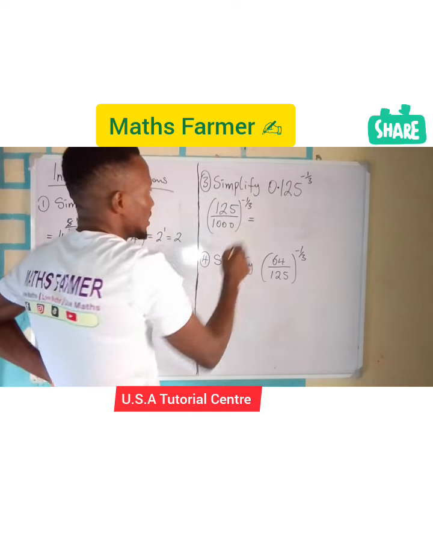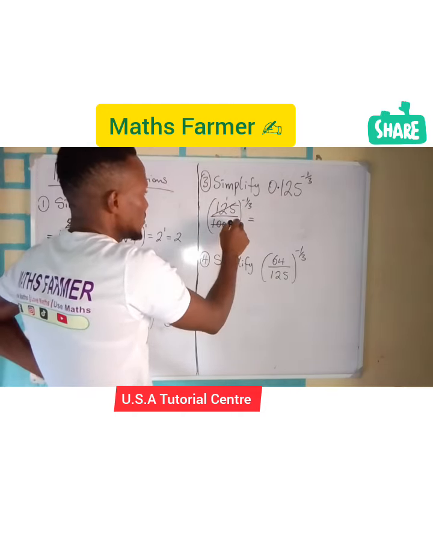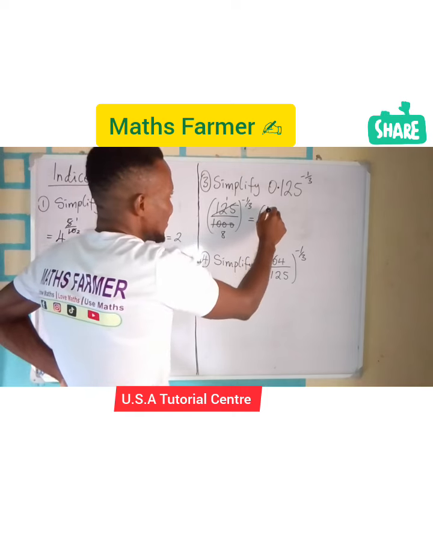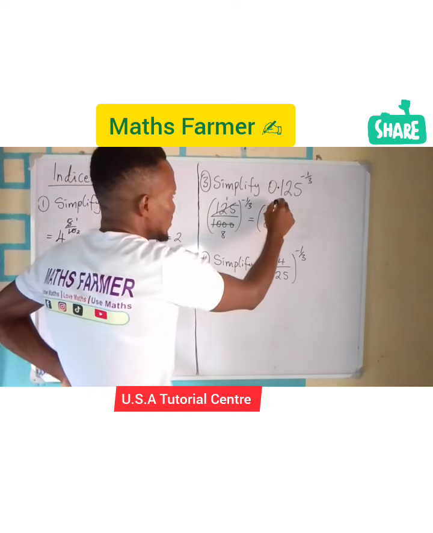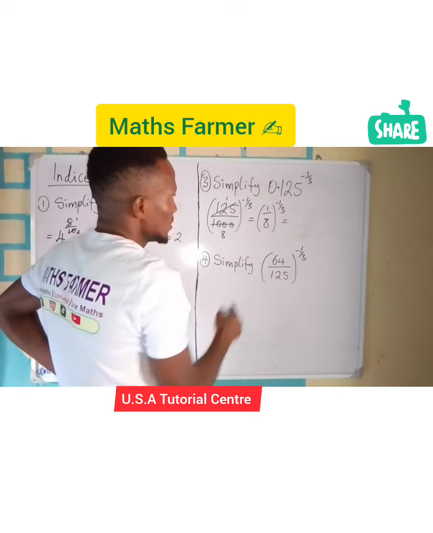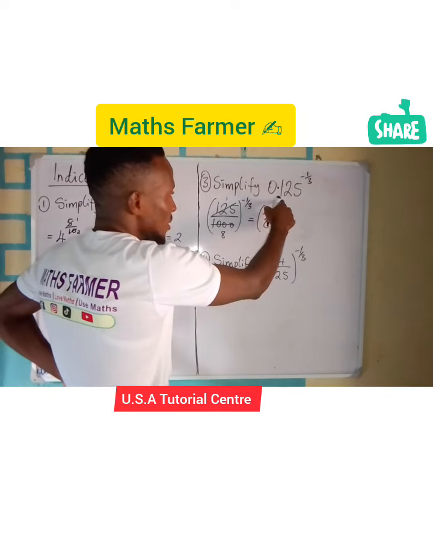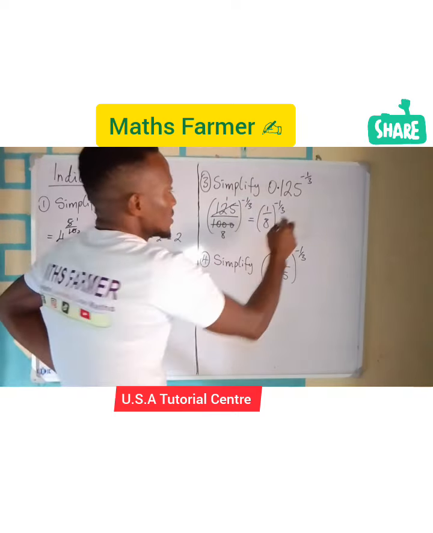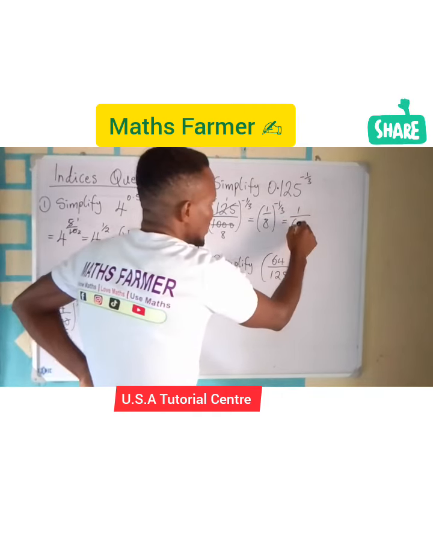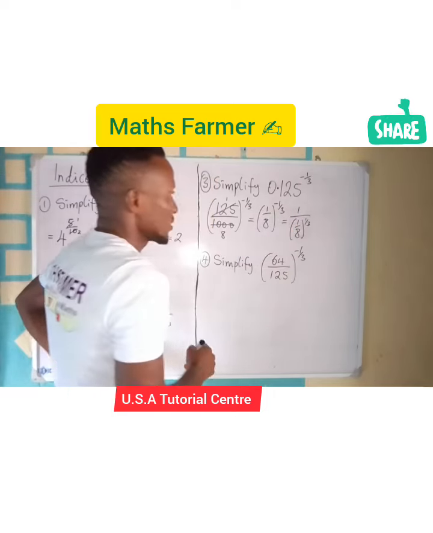So now, moving further, 125 divided by 125 gives us 1, and 1000 divided by 125 gives us 8. So what we have inside that bracket now is 1 over 8, all raised to the power of minus 1 over 3. We observe the negative here, which means 1 over whatever we have, which is 1 over 8 raised to the power of 1 over 3.